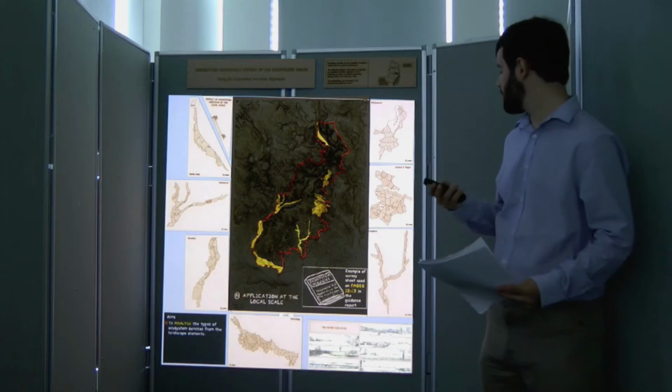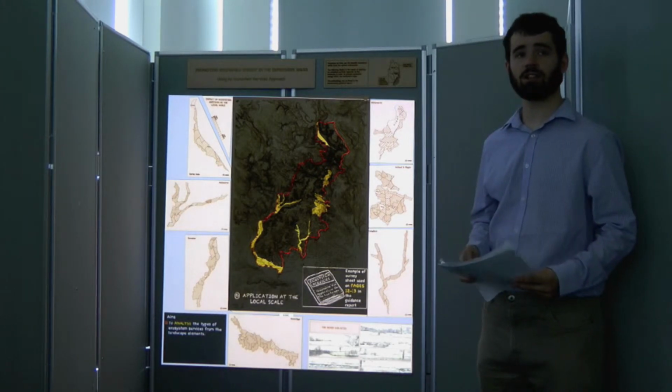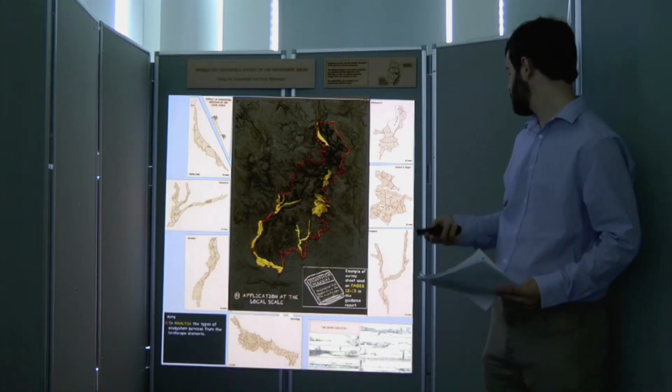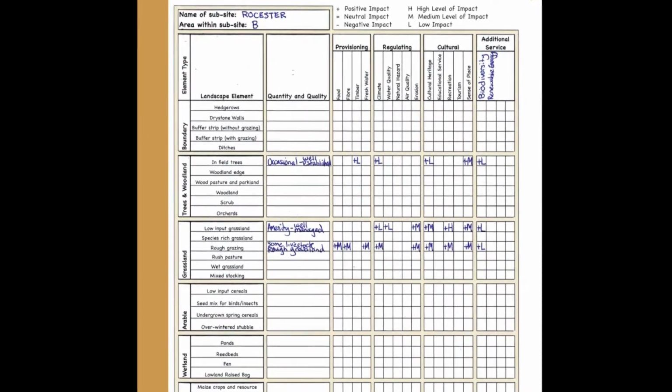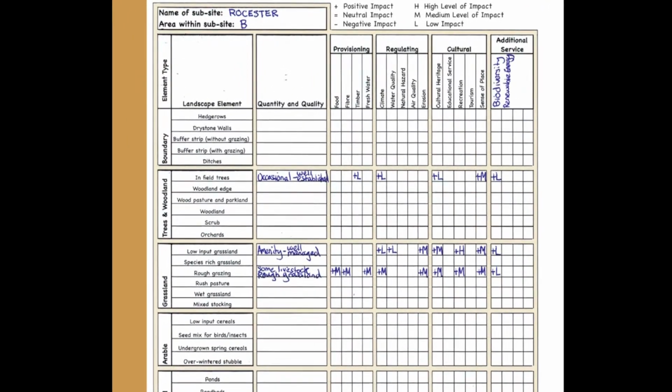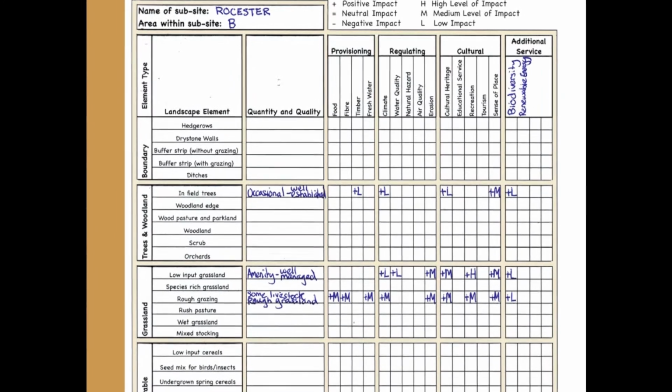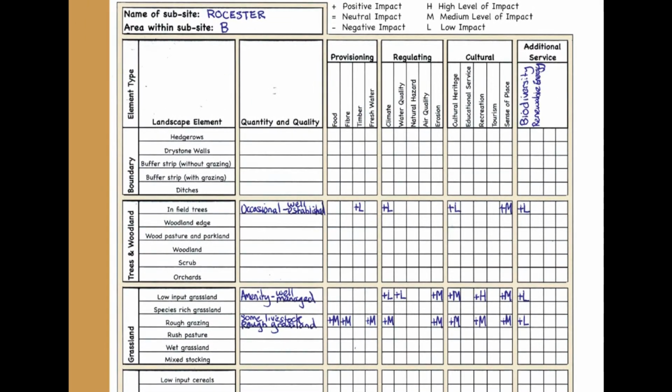Now for this, this required field survey studies, and on pages 12 to 13 in the guidance report you can see an example of the field survey sheet that I've used. And what it was looking at were the different elements that make up the landscape, firstly locating where they are, but then looking at the different ecosystem services that can be found amongst them.